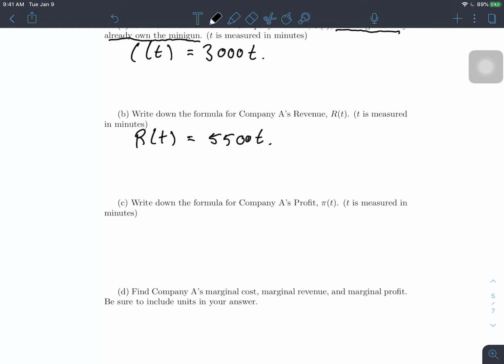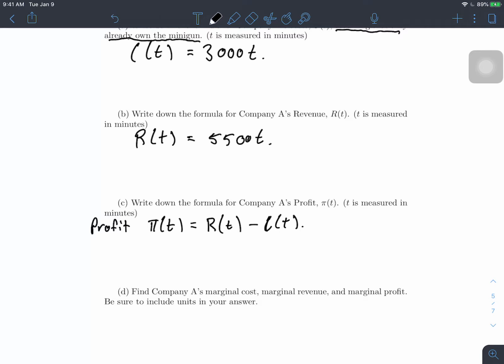So profit, pi of T, is equal to the revenue, in other words, how much money I brought in, minus my costs. How much money am I spending? And hopefully, the amount of revenue I'm making is higher than the amount of costs. Otherwise, my profit will be negative, meaning that I'm losing money.